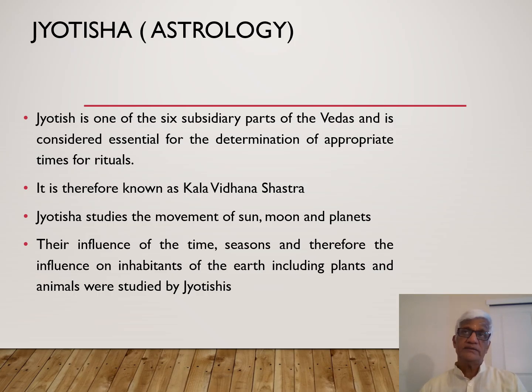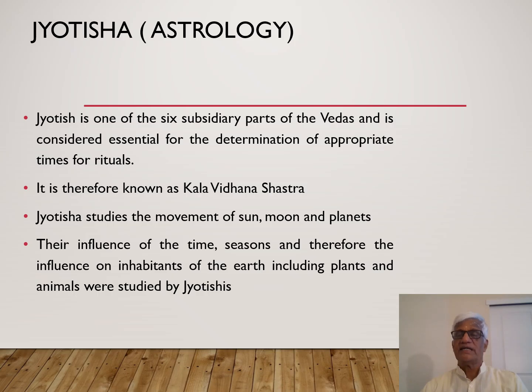And the science of Jyotisha was developed during the Vedic periods for determination of appropriate times for conducting rituals. Therefore, Jyotisha has got another name called Kala Vidhana Shastram. Kala Vidhanam means determination of time.